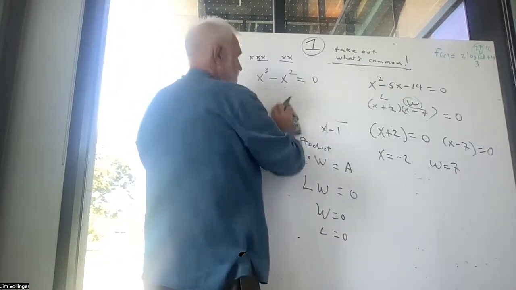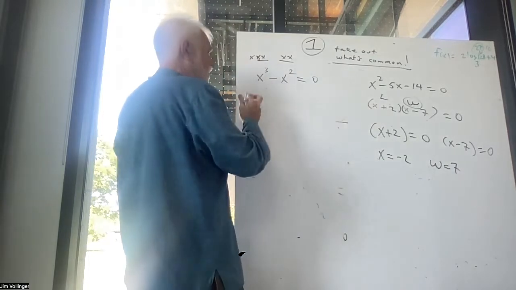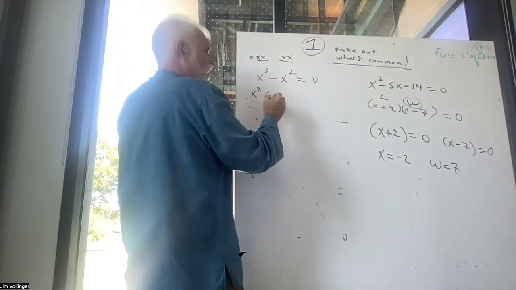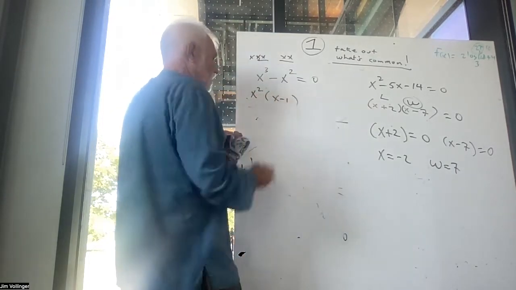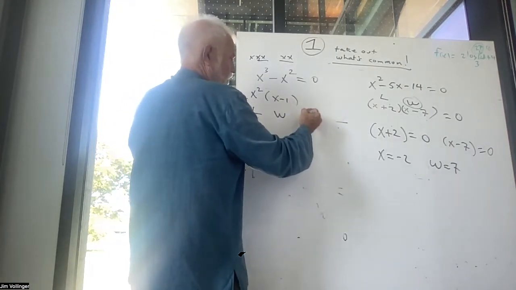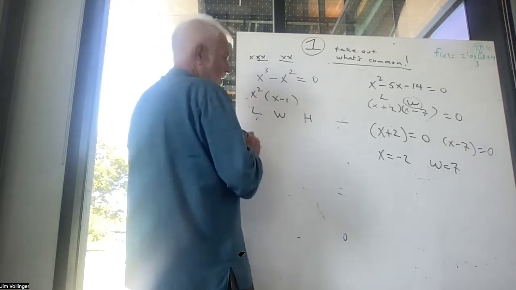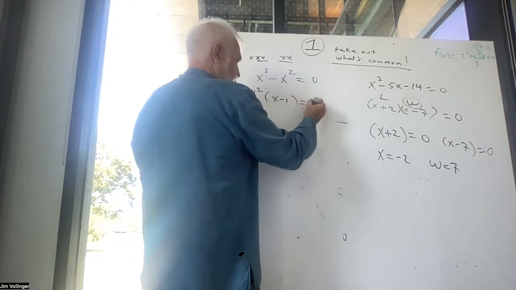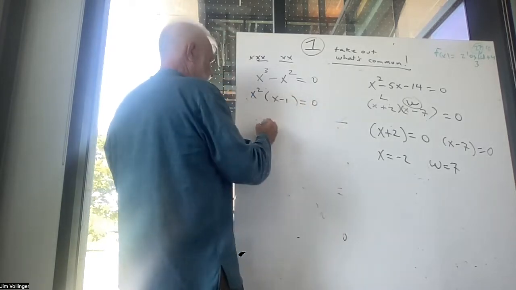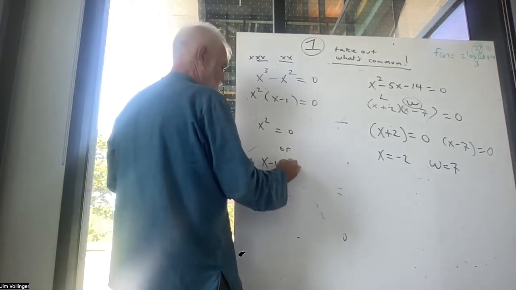Well, it would be nice if we could write that as a product, because we could do the same thing as over here. And we said that's x squared times x minus 1. Well, that's length, that's width. I could add another product, height. Looks like I got volume now. But if all I did was set it to 0, either x squared could equal 0 or x minus 1 could equal 0.